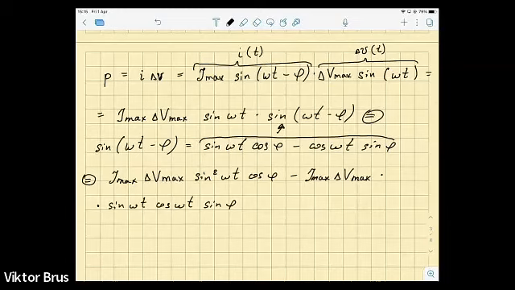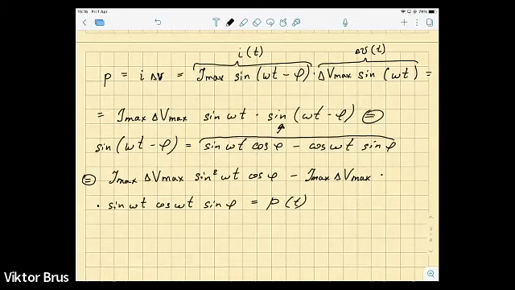So now we actually get our instantaneous power as a function of time. We see it consists of two terms, two components. However, it's not so practical when we deal with power. We would really like to know what will be some average power during the time interval.